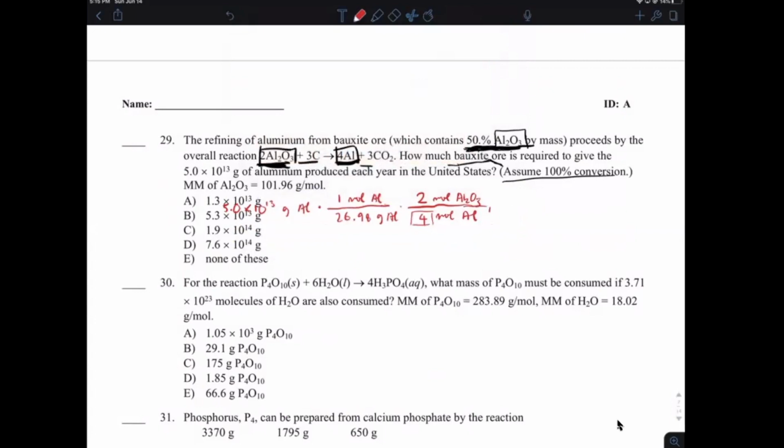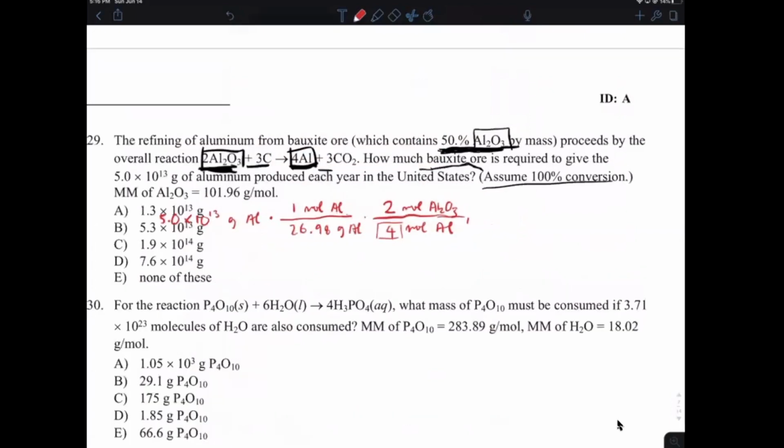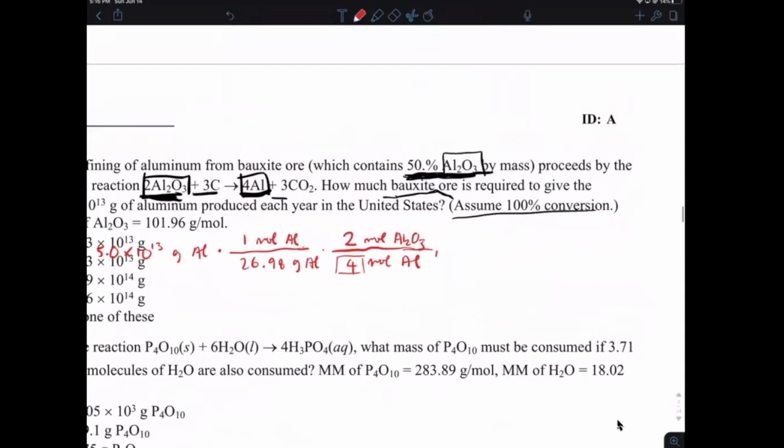From here, what we want to do is, let's see. We're given, so in 1 mole Al2O3, how many grams are there?